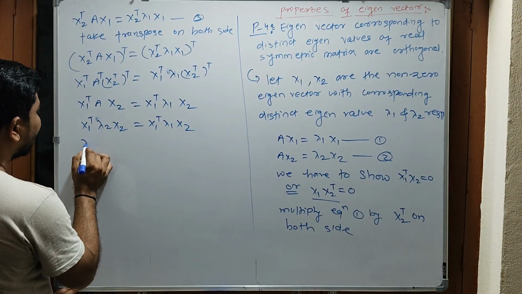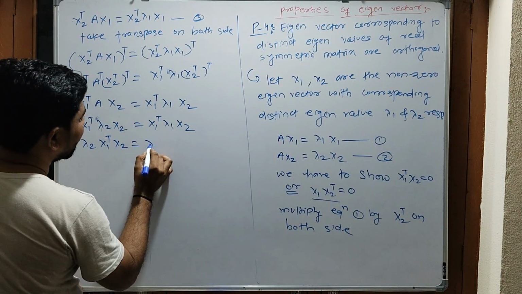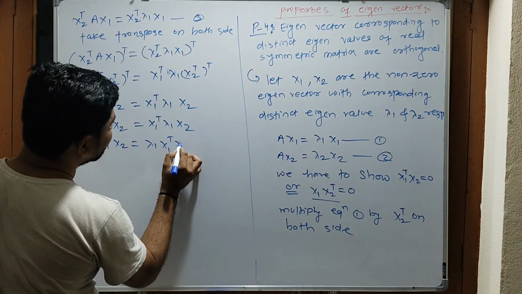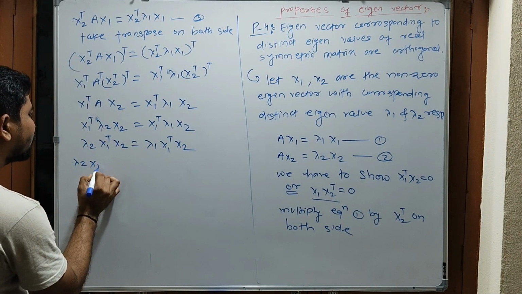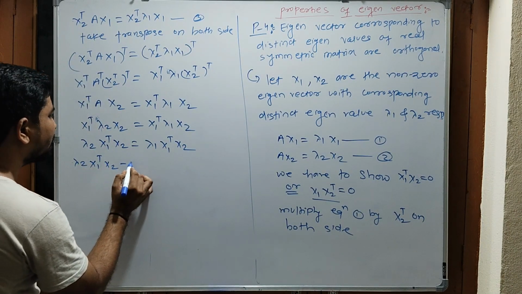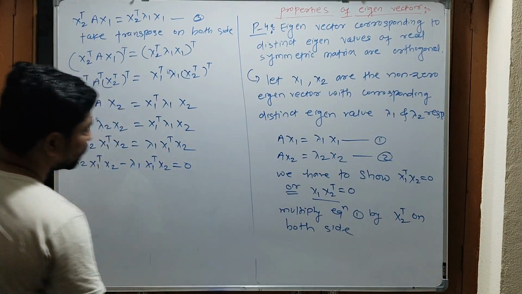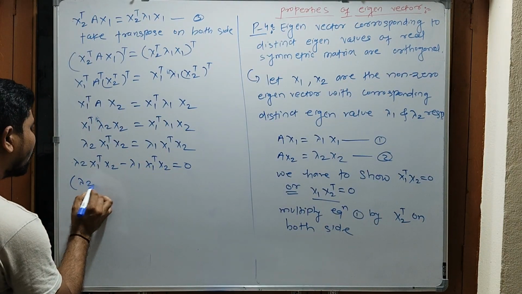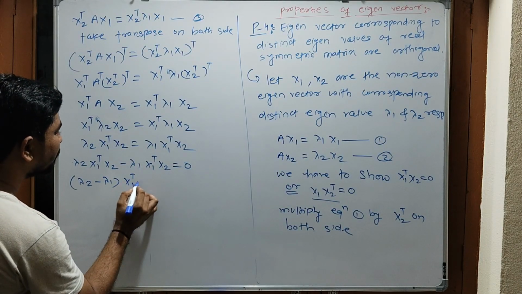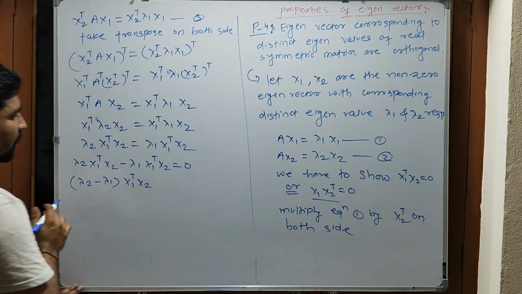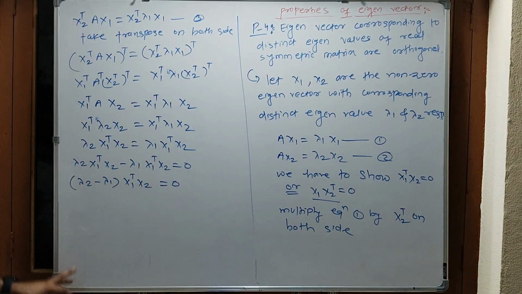So lambda 2 x1 transpose x2 equals lambda 1 x1 transpose x2. Taking lambda 2 x1 transpose x2 minus lambda 1 x1 transpose x2 equals 0, so (lambda 2 minus lambda 1) times x1 transpose x2 equals 0.